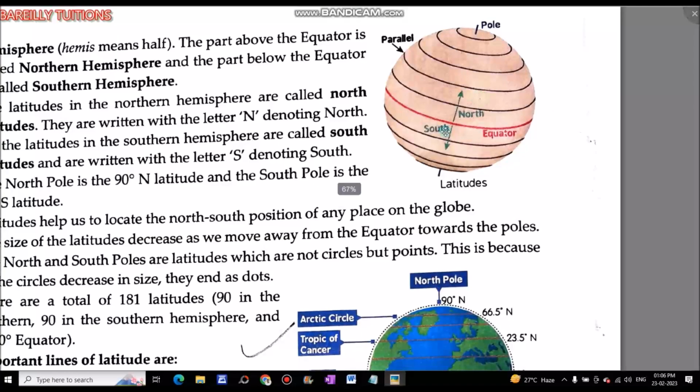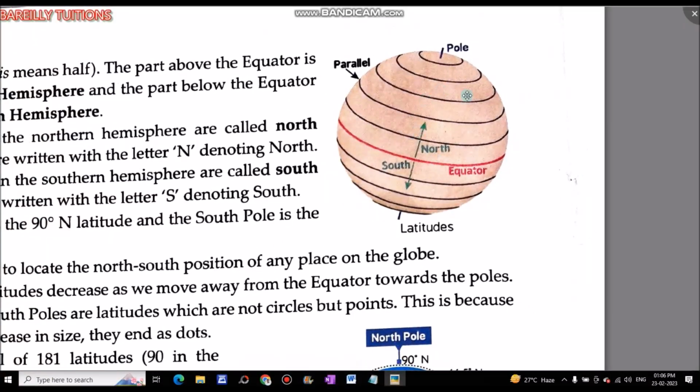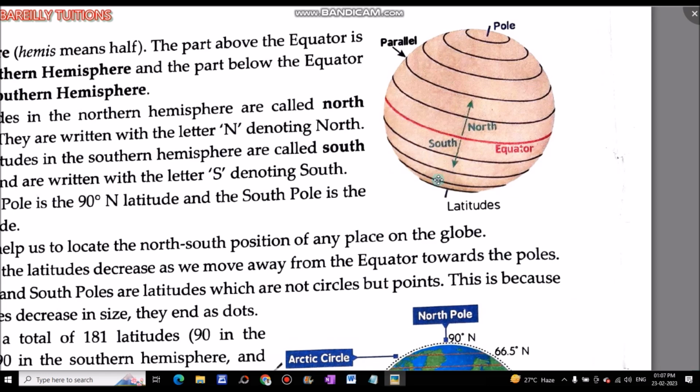Here in this diagram you see this red color line shows the equator and the upper part is called northern hemisphere and lower part of this red color line is called southern hemisphere. And these parallel lines shows the latitudes.